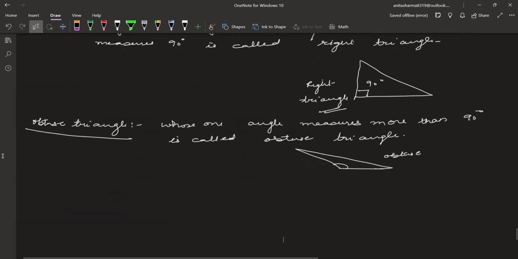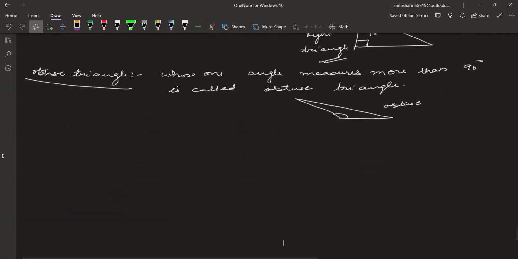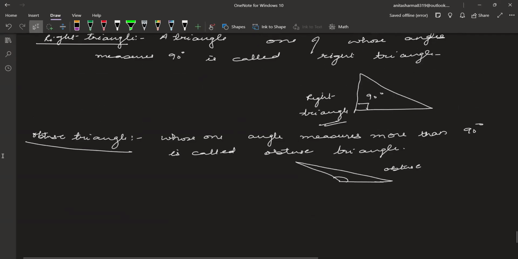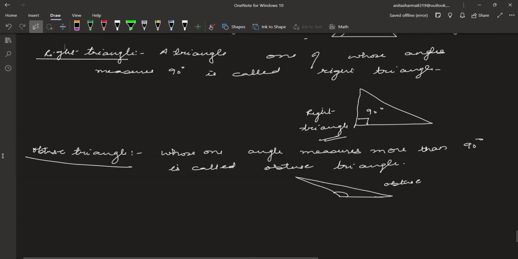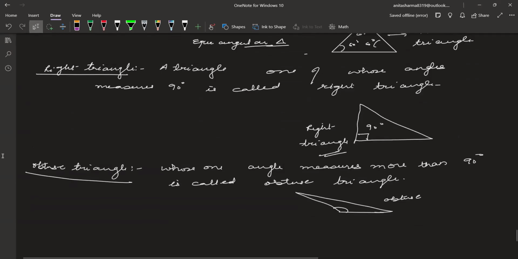I am telling you to scroll up, not down. In actual, the 90-degree triangle is also known as the ramp, right?